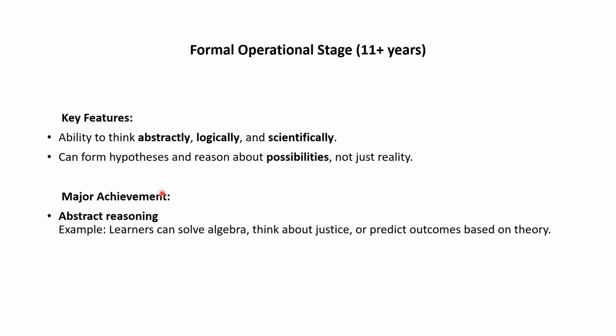The major achievement in this stage is abstract reasoning. So if you have a child who is 11 and above and cannot think abstractly, according to Piaget, there's something wrong. For example, learners can solve algebra, think about justice, or predict outcomes based on theory.